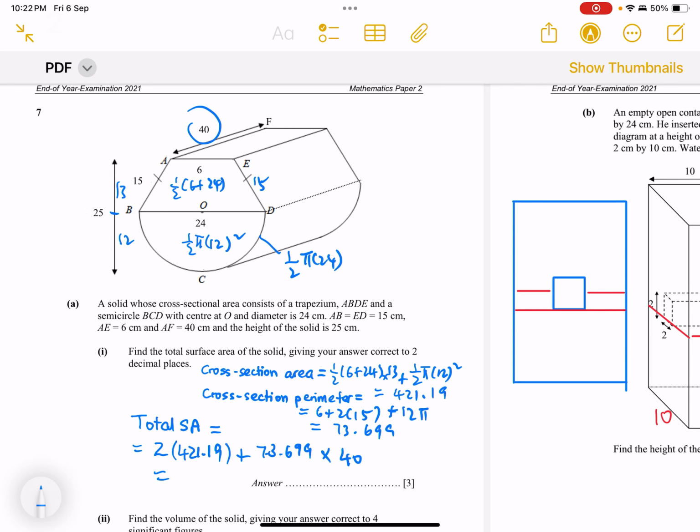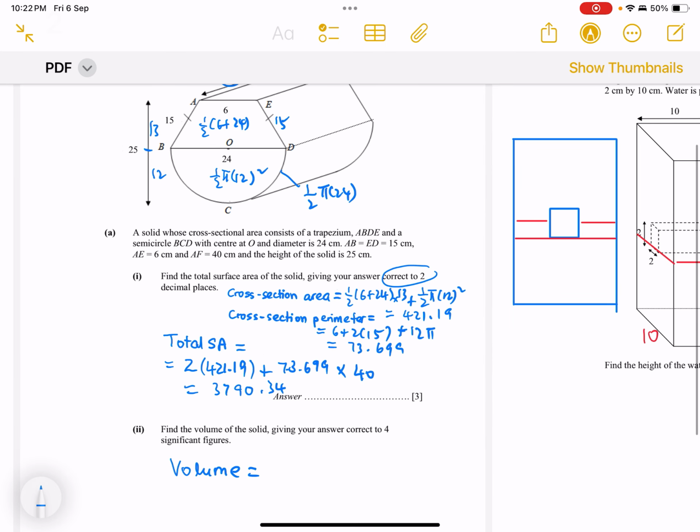That works out to be 3790.34, correct to 2 decimal places, cm squared.